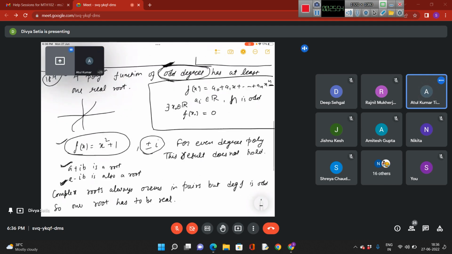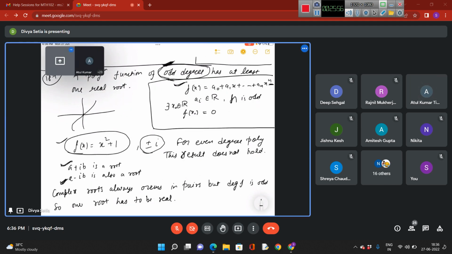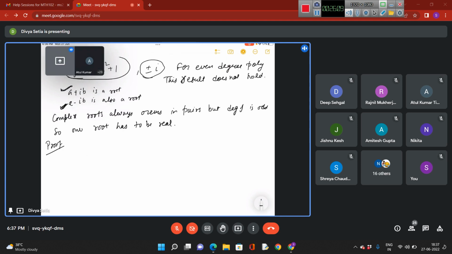That is the intuitive idea: find some numbers for which one of them is positive and one of them is negative, so then there should exist a real root lying between them. That is the intuitive idea for this problem, but writing it in a proper way would be something else. I'm happy that you got the idea at least.